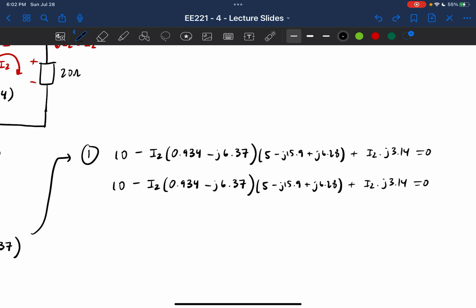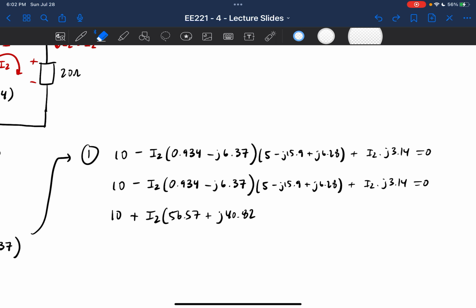Okay. Interesting. I get 10 minus I2. Actually, these are all negatives, so it's really just written as I2 times 56.57 plus j40.82, I guess you could say. And then there's a plus j3.14, so let's just add that in there.